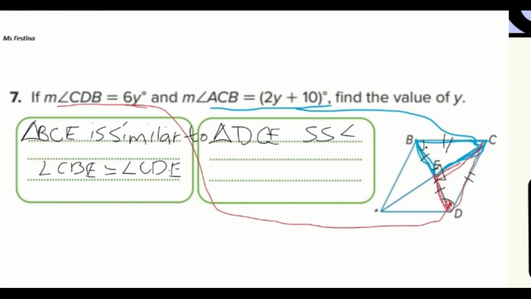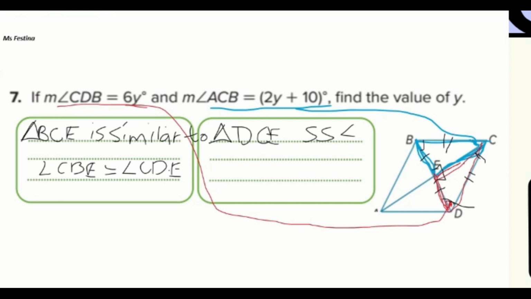So this will be 6y. And then angle BCA, this one, will be equal to this angle here, angle ECD. It will also be equal to that one because similar triangles have equal angles. Therefore, I can take the measure of this angle here, add it with the measure of this angle here, plus this one.